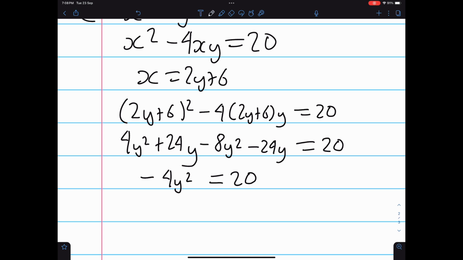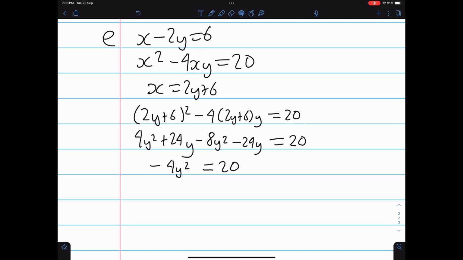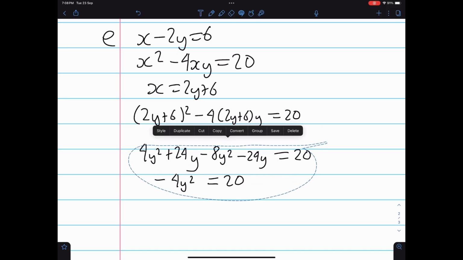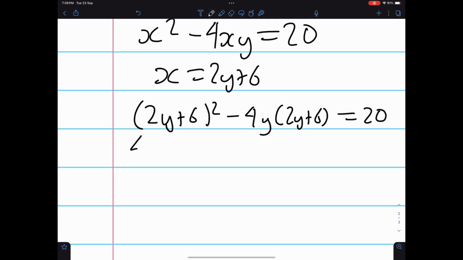Except that is giving false solutions. So let me just go back there. I'll move this around and I'll properly do this. 4y squared plus 24y plus 36.